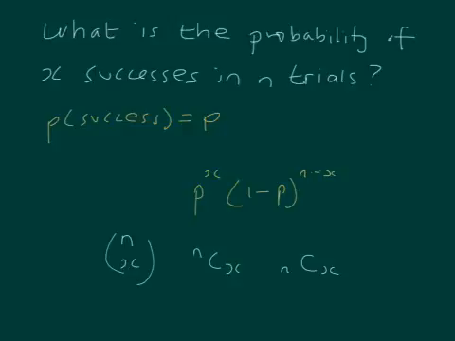So we can use any one of these three notations. I'm going to write it as n over x, like that. Either is okay. But what is the formula for n over x? Well, it's n factorial over x factorial times n minus x factorial.